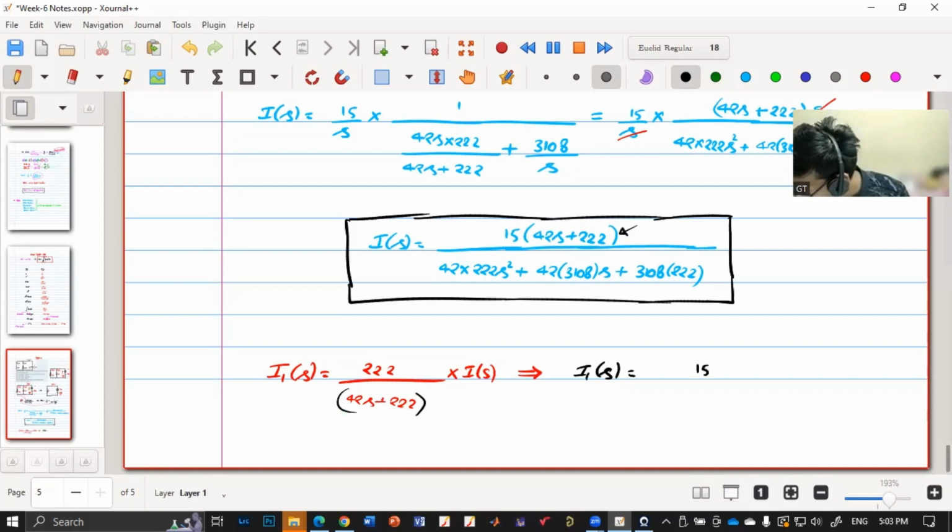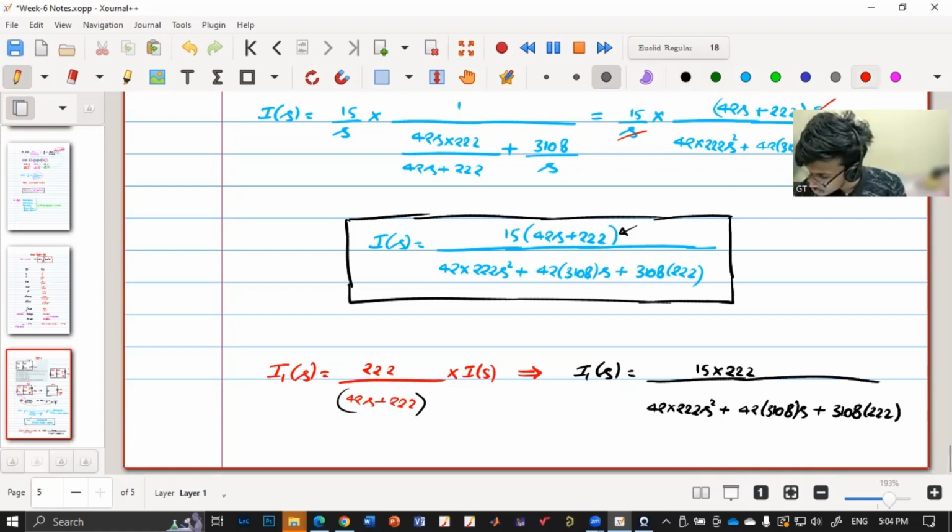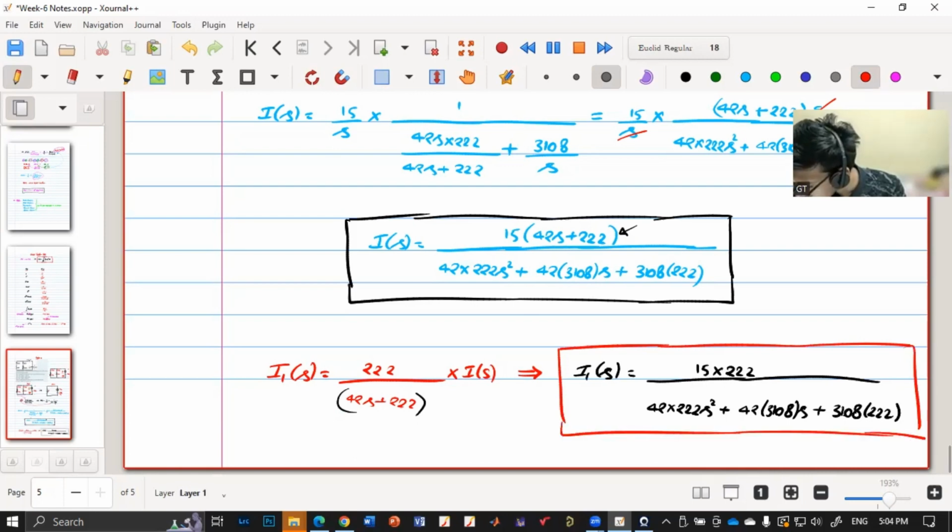So it will be 15 into 222 by 42 into 222 S square plus 42 into 3108 S plus 3108 into 222. So we'll be getting this kind of expression.